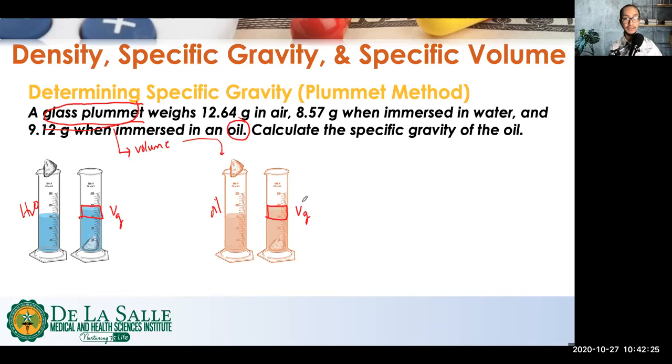The volume displaced by the glass plummet in both water and oil are the same. Now, let's look back at the formula for specific gravity. Specific gravity is equal to the weight of the substance divided by the weight of an equal volume of water. Now, what is the substance that we are trying to determine here? We are trying to determine the specific gravity of oil, so the weight here is the weight of the oil.